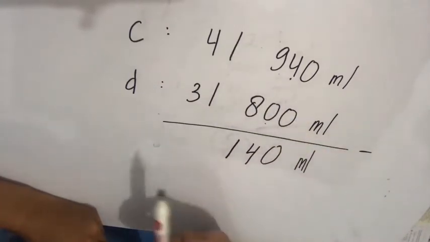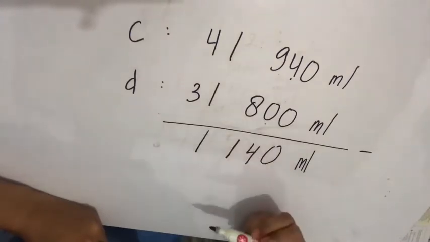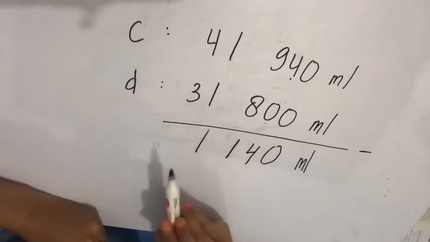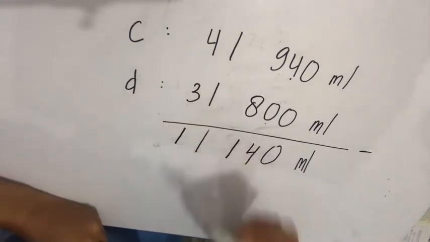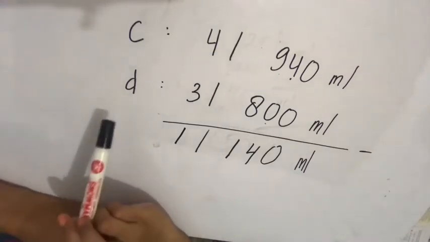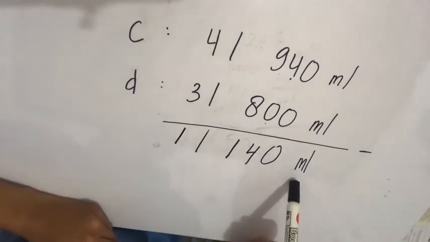Now we subtract the liters. Remember to write the symbol, and then 4 subtracted by 3 equals 1. So the difference between bottle C and bottle D is 1 liter and 140 milliliters.